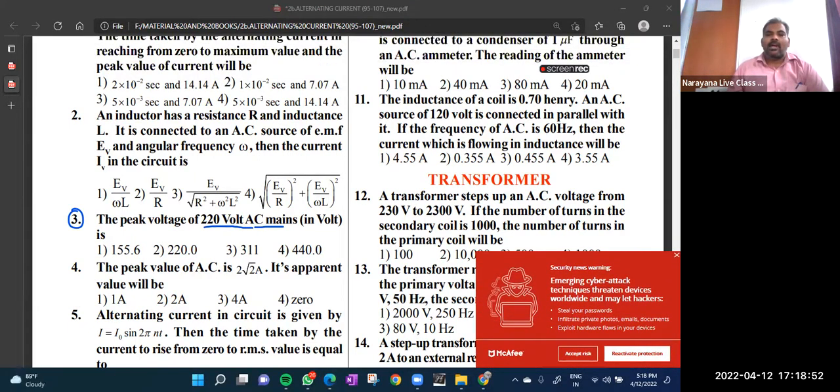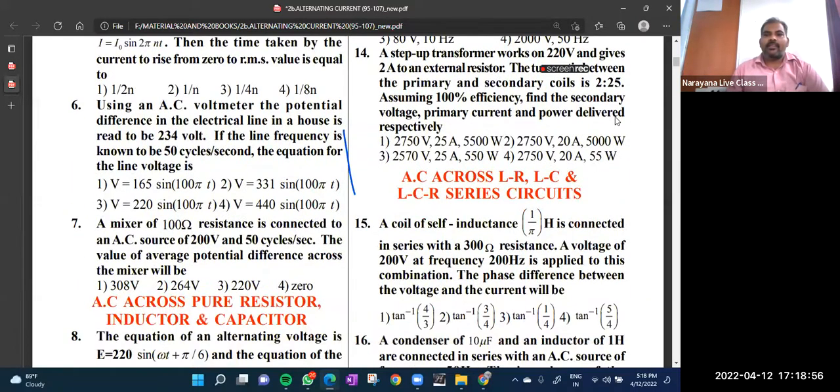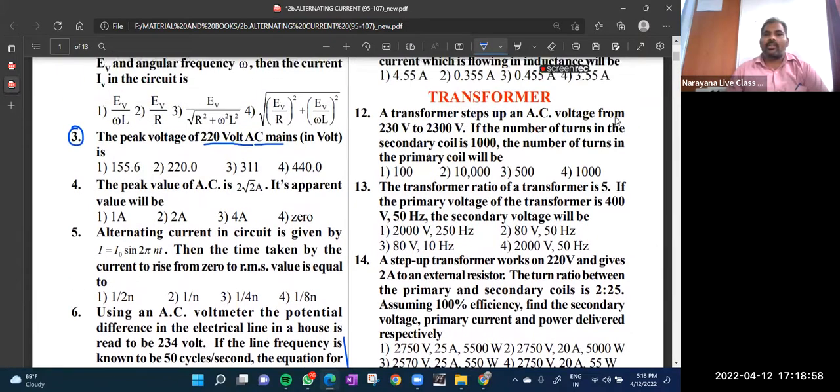I told you just now that all AC currents are measured in RMS voltage only. So this 220 volt is what? RMS. The given RMS voltage is 220 volt. It is asking for the peak voltage.